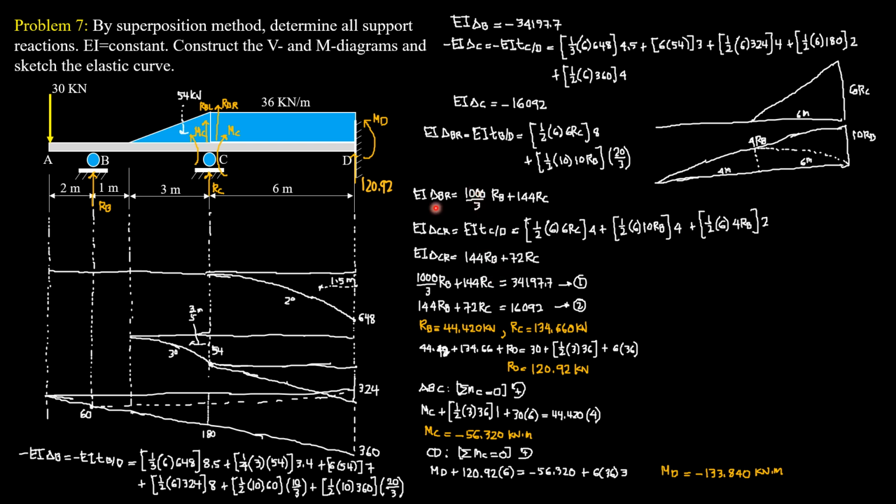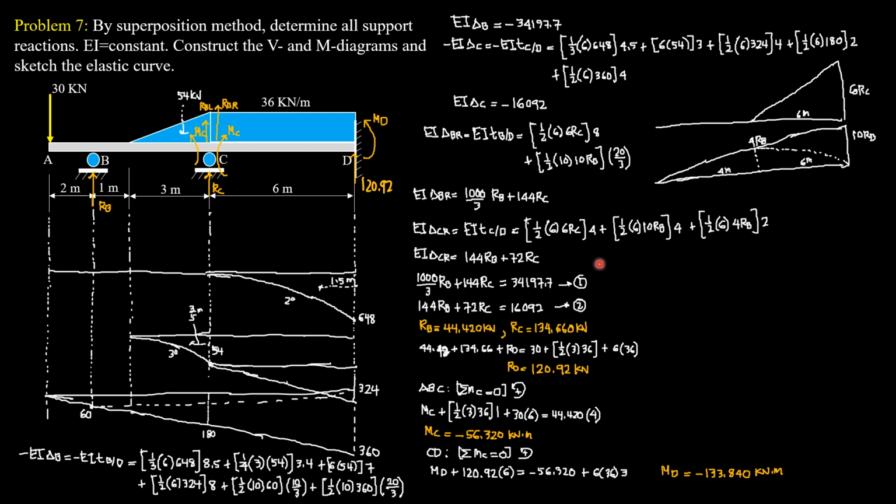So that's why EI delta BR here, which is 1000 over 3 RB plus 144 RC, is equated to EI delta B transposed to the right, which becomes positive. So equals 34,197.7. Call that equation 1.